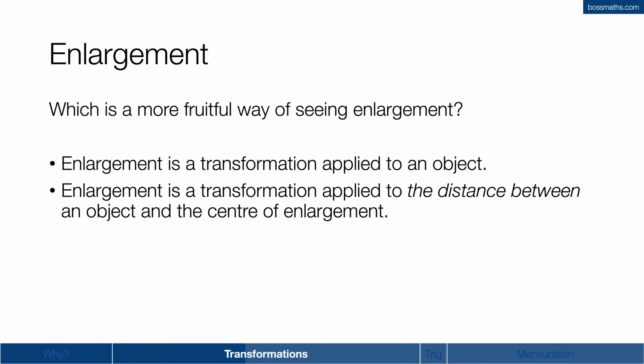Now, mathematically, I actually prefer the first one. I think it's just correct to say the mathematical transformation enlargement, we can apply it to objects, whether it's a point, whether it's a line, whether it's a polygon or anything else. But for students, this sort of clicks into place a bit more if we talk about enlargement as something that's being done to distances. And I'll try and illustrate that here.